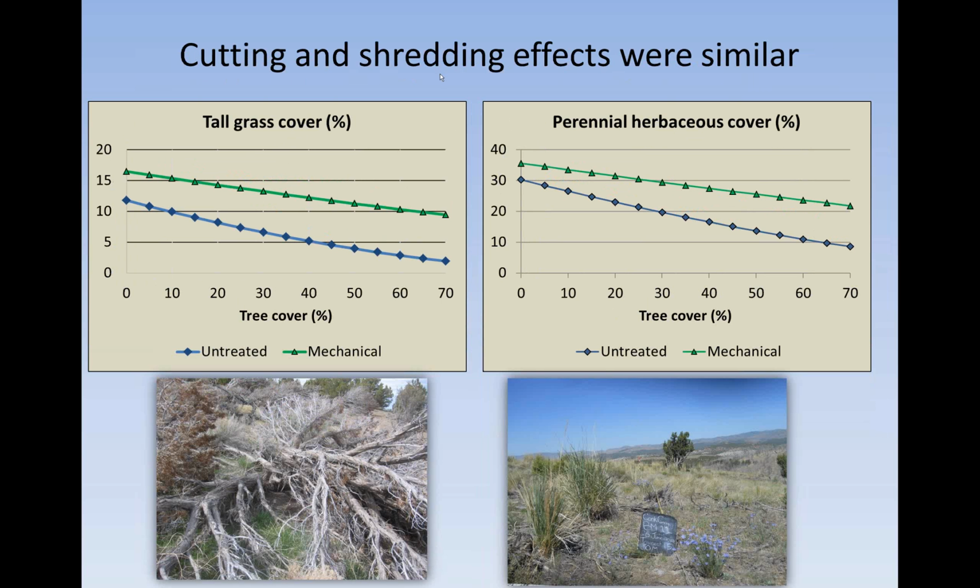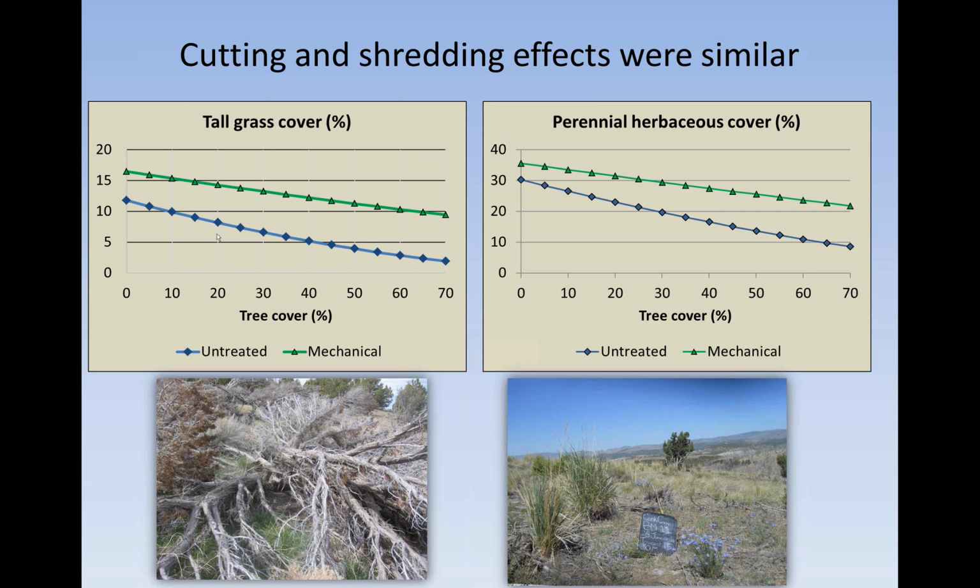So then what I did is I took the cutting treatment for the 9-site Sagestep study, and I found 16 sites where we had shredded, and they were juniper expansion sites, and they weren't seeded. And I compared those statistically for tallgrass cover and perennial herbaceous cover, and I found no significant difference between mechanically cutting in the Sagestep study and shredding in the Utah study.